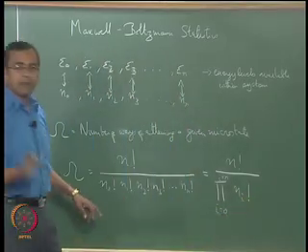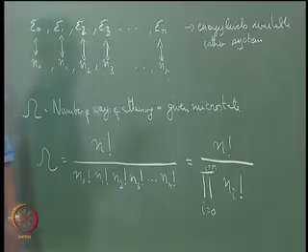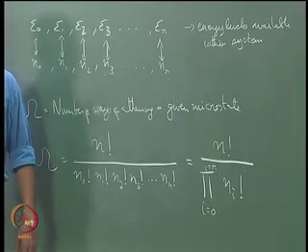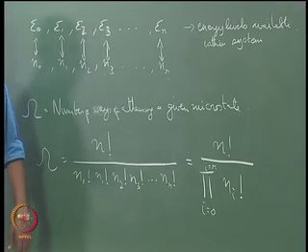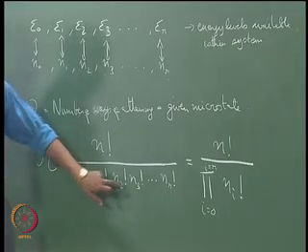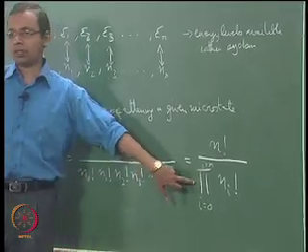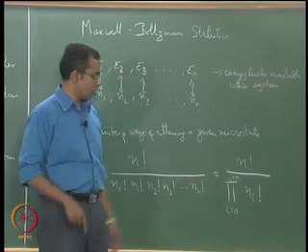Just as we write sigma for a sum, we write pi for a product. So just as we write sigma i equal to 0 to r of some bunch of terms, in this case it is a product of all these factorials n0, n1, n2, n3, n4, n5 up to nr, and that product is represented by a pi instead of a sigma. This is what this compact notation is.